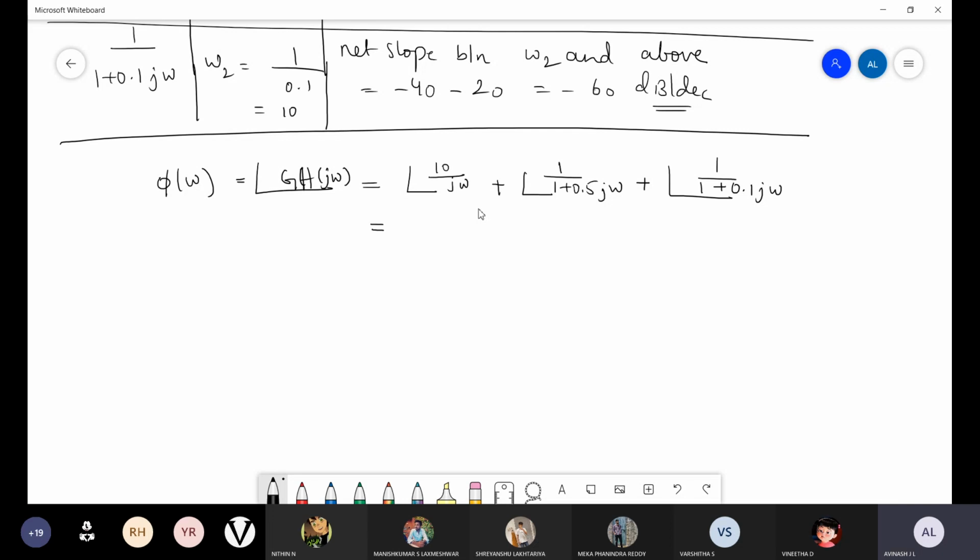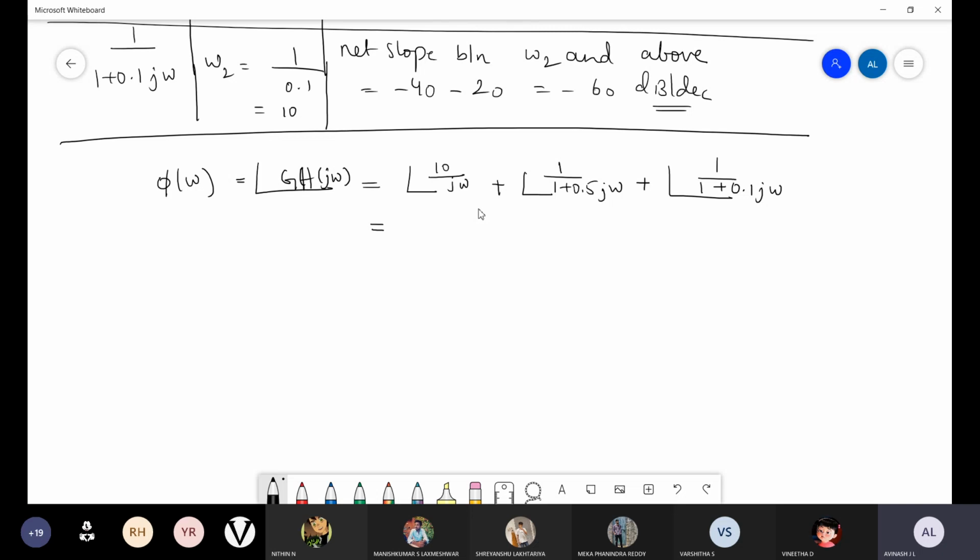In the first factor, the angle of the constant term is 0. Now here the j omega is there, so we can find tan inverse of imaginary divided by real part.